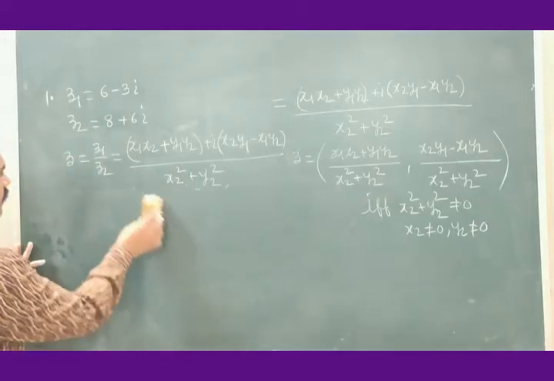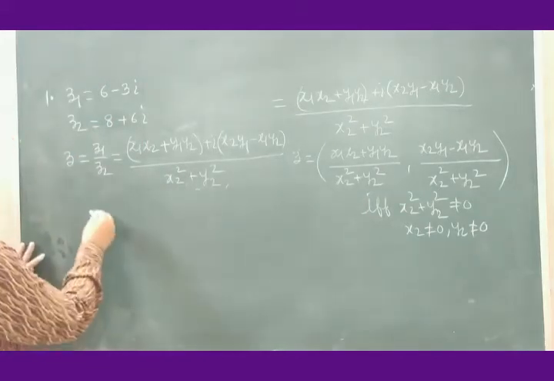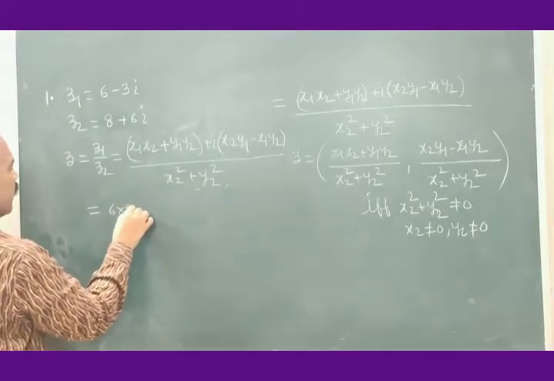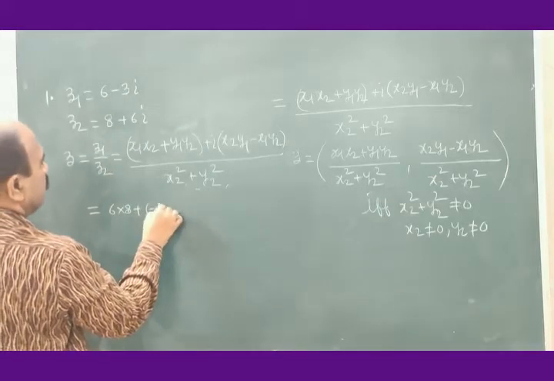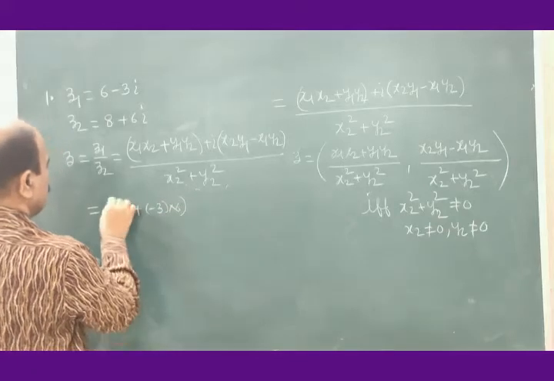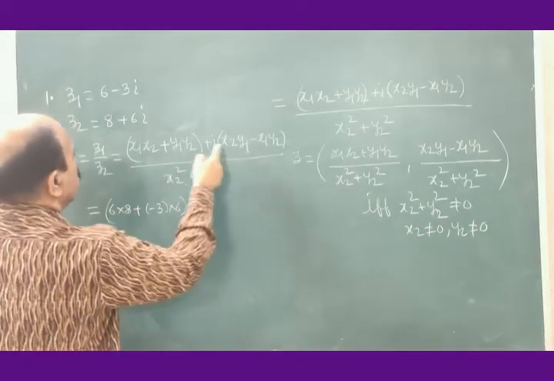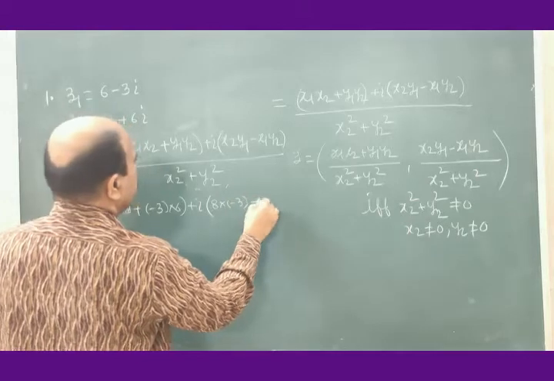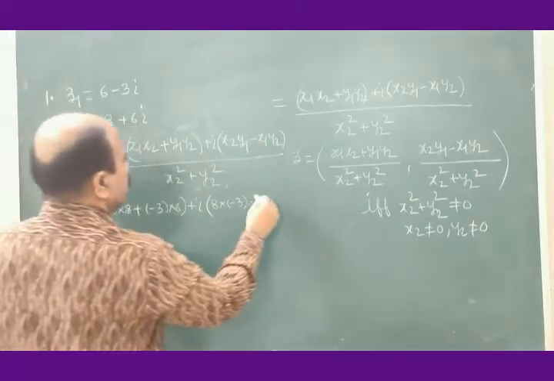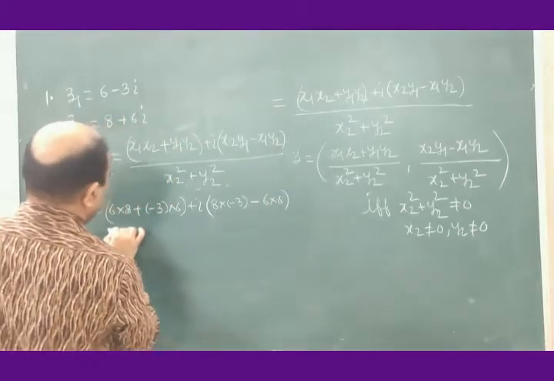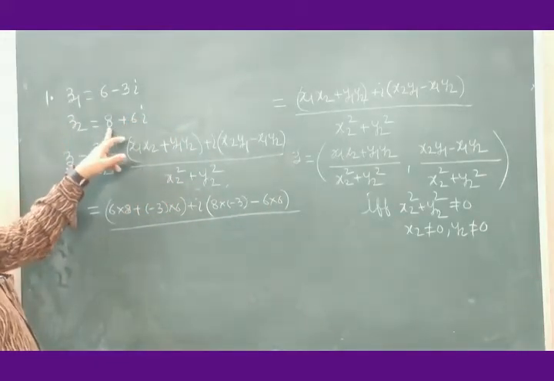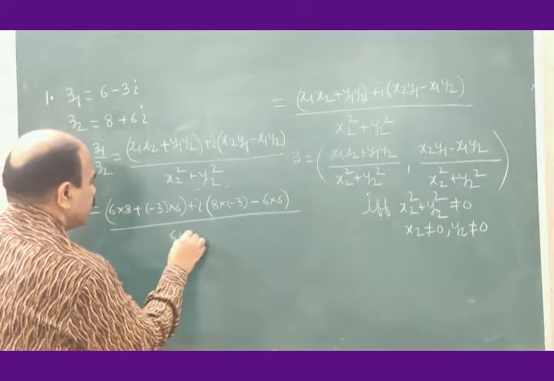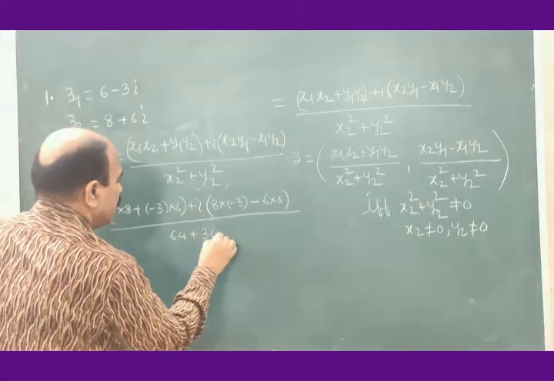Let us substitute the values. x1 x2, 6 into 8, plus y1 y2, minus 3 into 6, plus i into x2 y1, 8 into minus 3, minus x1 y2, 6 into 6, divided by x2 square plus y2 square, 8 square plus 6 square, 8 8s are 64 plus 6 6s are 36.